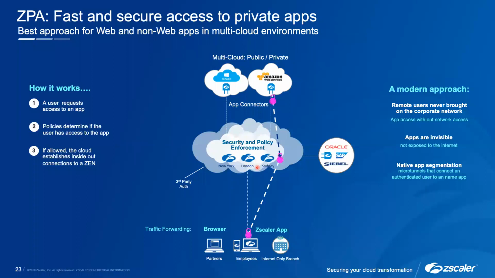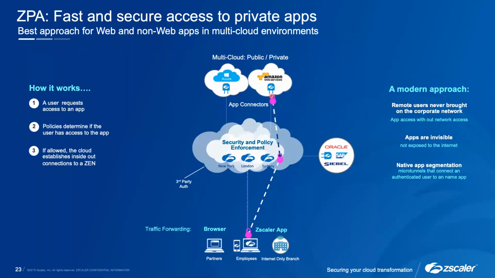So that there's a secure tunnel communication between the client connector and the ZPA cloud. And then there is another component called app connector, which is a lightweight virtual machine that sits right next to your applications. So it has line of sight to your applications.